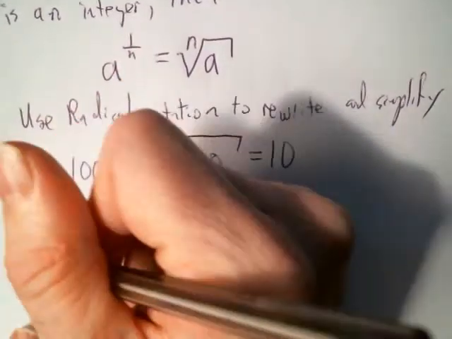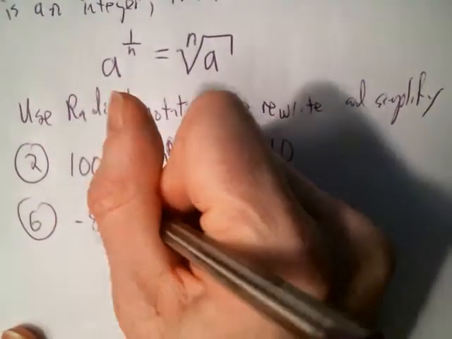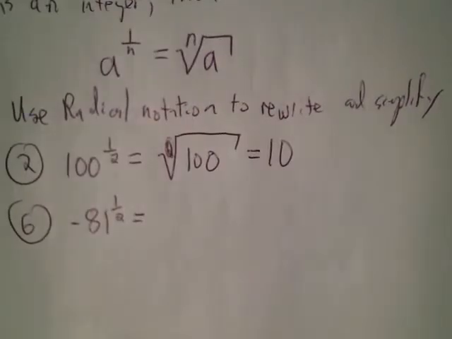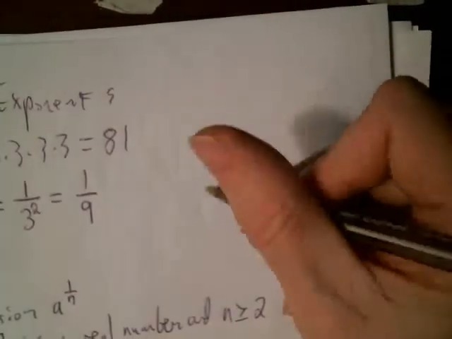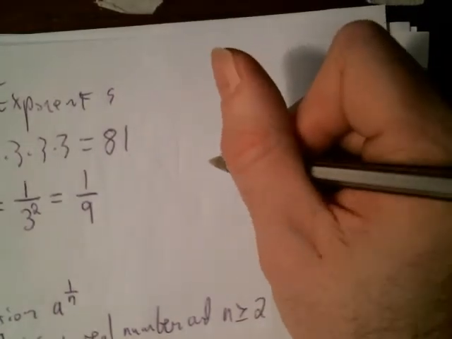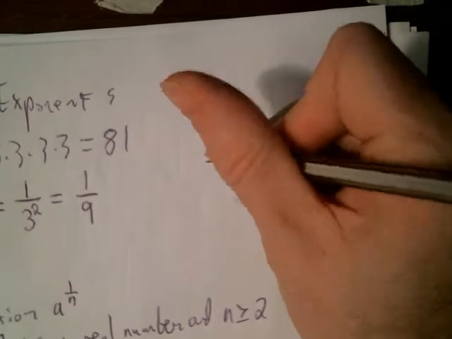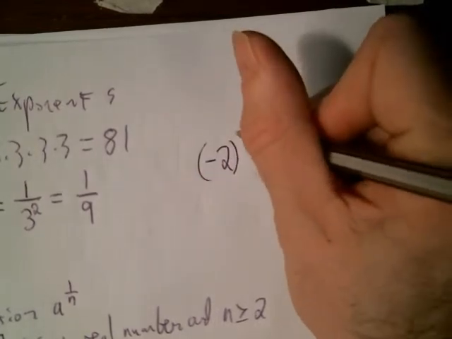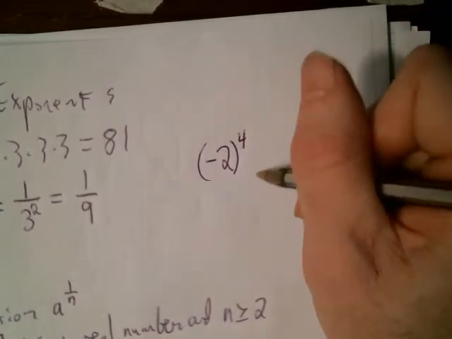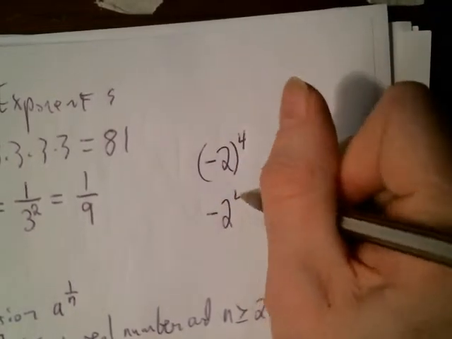Let's look at 6. I have negative 81 to the 1/2. You have to remember what's the base and what's the exponent. I'm sure back when you were first introduced to this idea, there were questions like, please note that (-2) to the fourth power is not the same as -2 to the fourth.